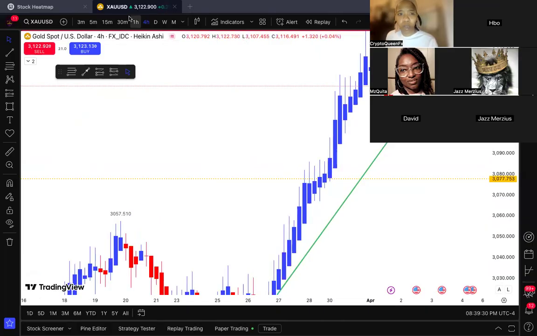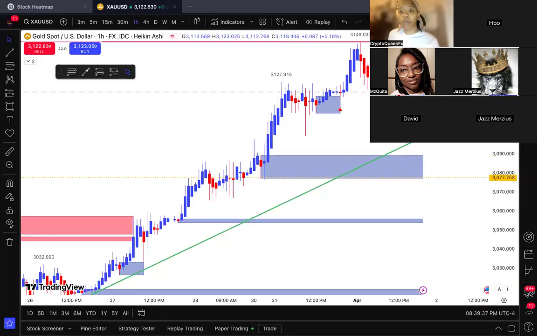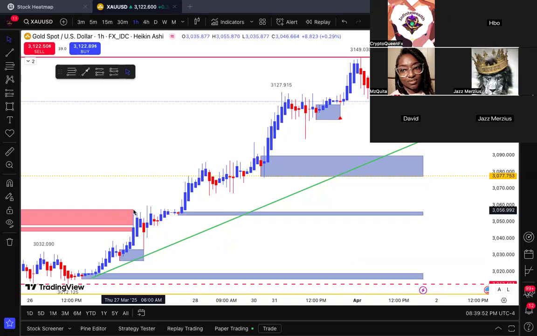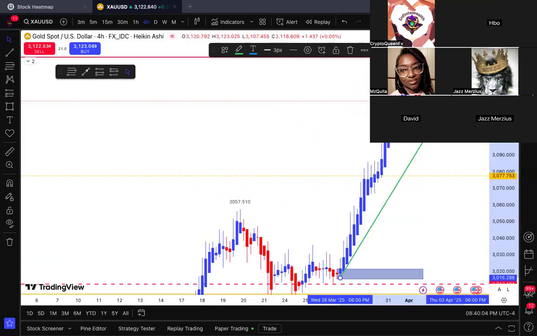57. When it pulls back towards your trend line, we're not getting a buy right now, but when it pulls back towards the trend line, that will be your entry for a buy.